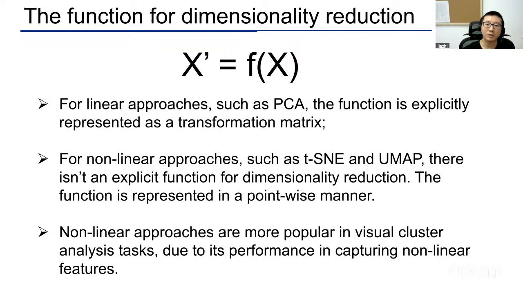For nonlinear approaches, such as t-SNE and UMAP, there isn't an explicit function for the dimensionality reduction. The function is represented in a pointwise manner. However, the nonlinear approaches are more popular in visual cluster analysis tasks due to their performance in capturing nonlinear features.